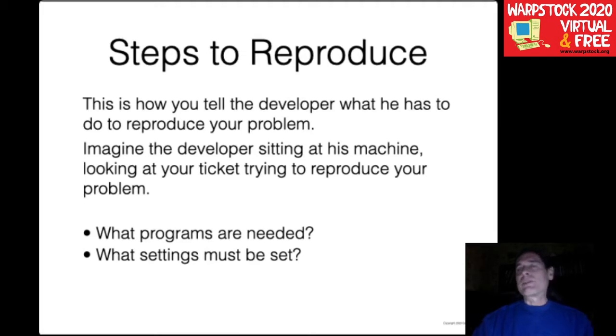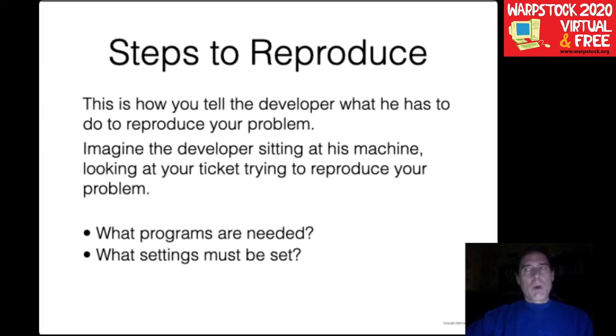Imagine the developer sitting at his machine, looking at your ticket, and trying to do what you did so he can try to reproduce the same problem you had. You need to tell him exactly, step by step, what you did or what he needs to do, what settings were used, what programs are needed, all of the information necessary so that he can try and do the same thing you did, because that's going to make your problem a lot easier to solve.